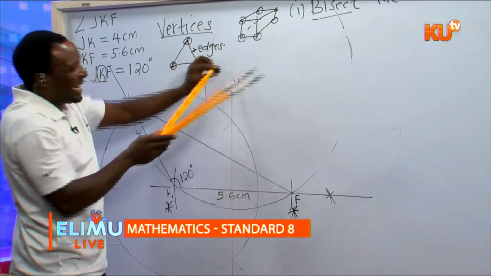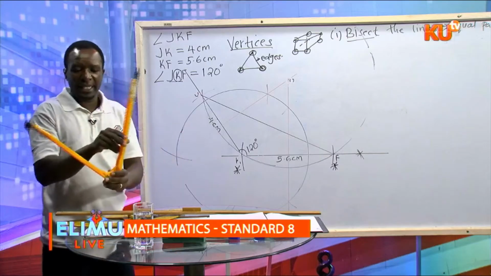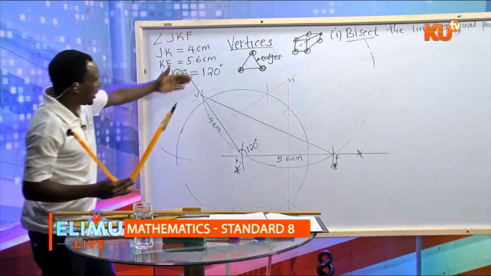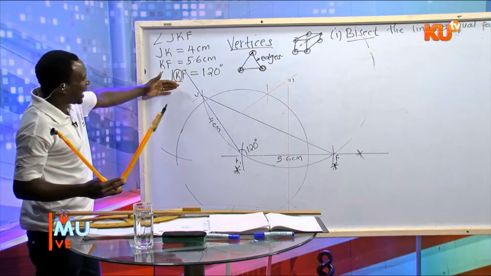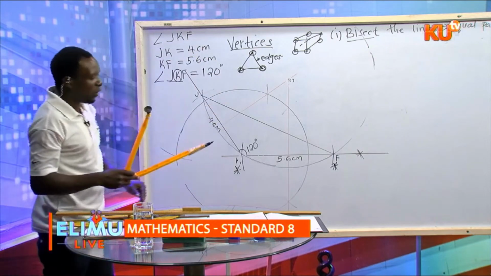For you as a learner, because you are being examined during the examination, now that you have this knowledge, you don't have to come and draw that circle and start moving with your compass.